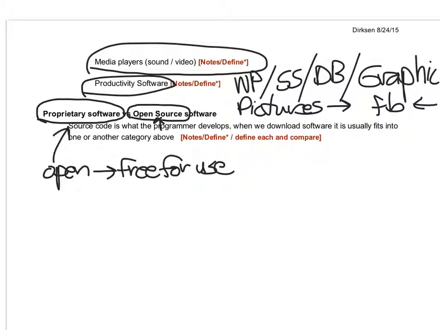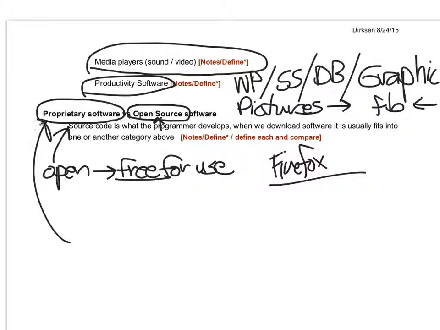Okay? There is probably more open software than you realize, and we're going to talk about it as the term goes on. For example, a lot of browsers, like Firefox, you don't buy it, you just download it. Okay? So that's open source. It's free. Open source doesn't mean free, but we'll define that more specifically later on.